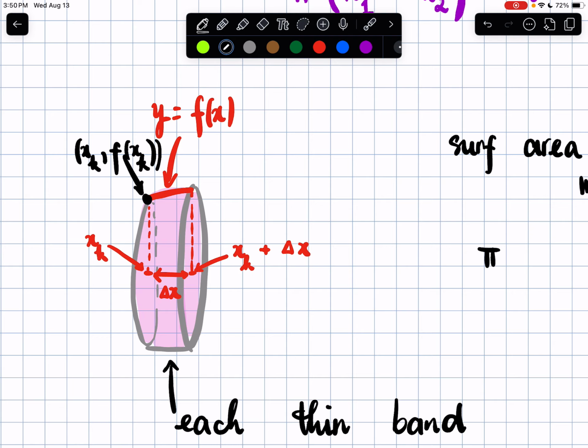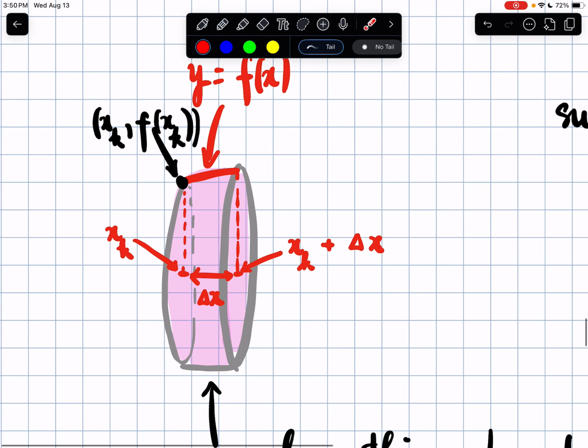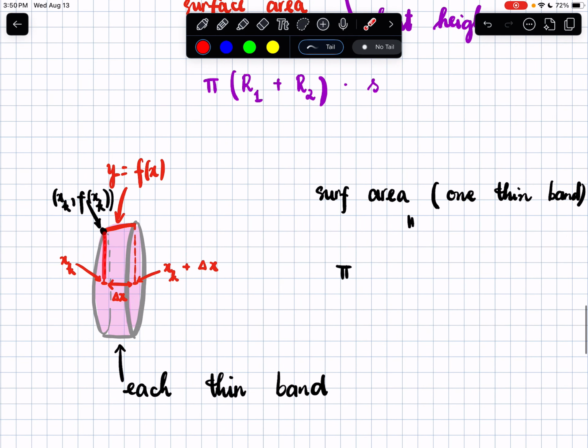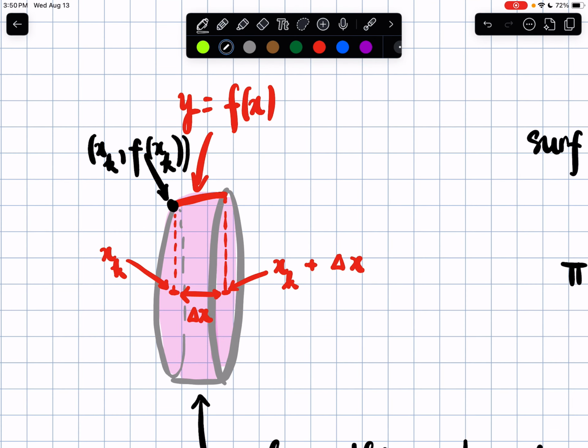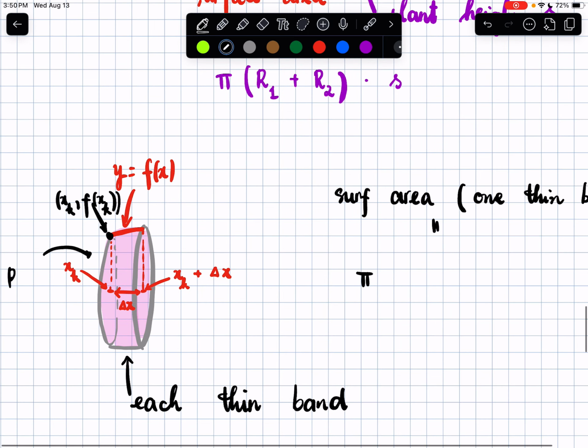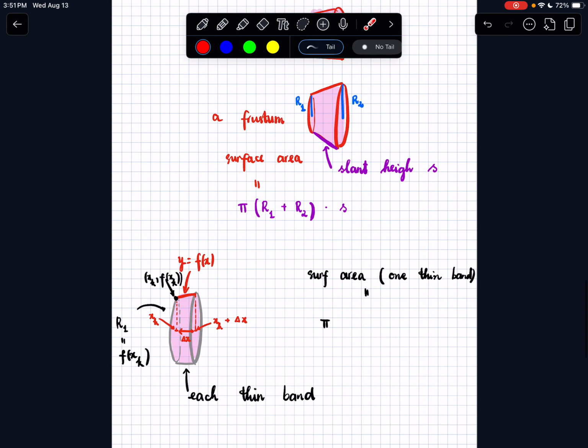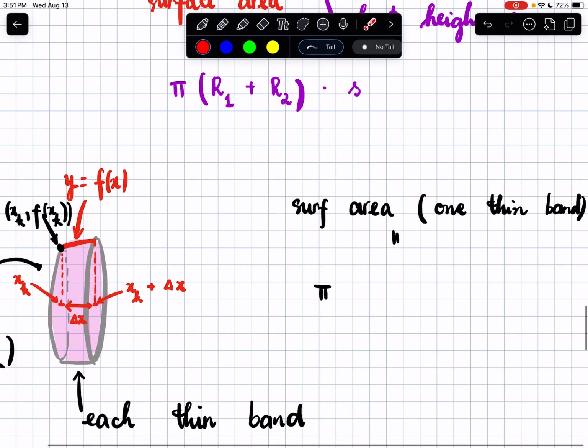So the smaller radius r1 here is f of xk. The other radius is f of xk plus delta x.